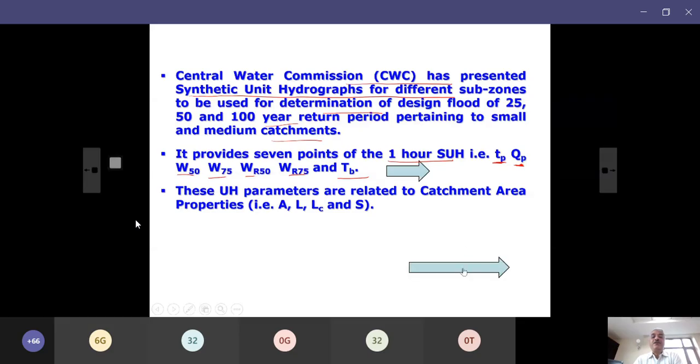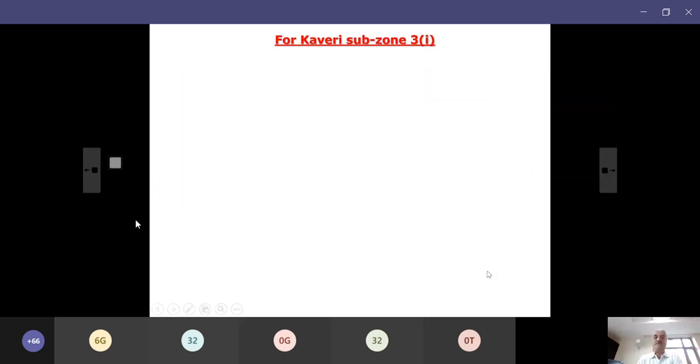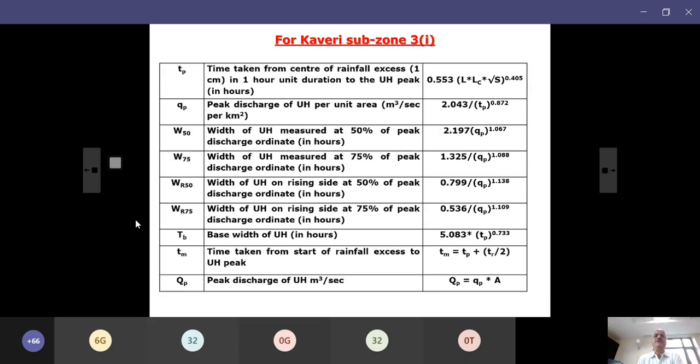Based on values of A, L, LC and S, that is catchment area properties, there are equations like this. In some of the equations LC is used, in some subzones LC is not used, but these 3 are used everywhere. For example, if you take Kaveri zone 3I, it will have 7 equations: 1, 2, 3, 4, 5, 6, 7.